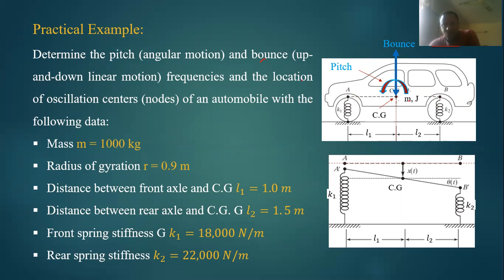The total mass of the car and the mass moment of inertia of the car are M and I G. L1 and L2 are represented like this, and the suspension system represents K1 and K2. So we can take this to the vibration model form.